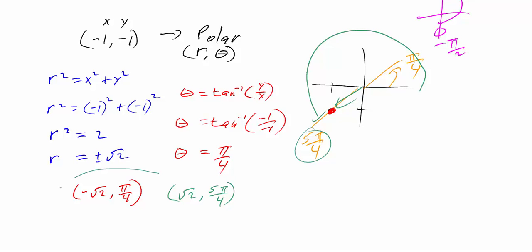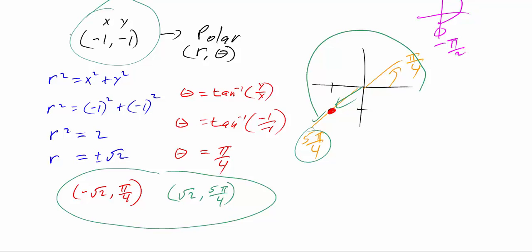So once again here we would have not just these two, but we'd still have infinite possible answers. But here are two possible answers for changing your rectangular coordinate to a polar coordinate, where this is r and theta.